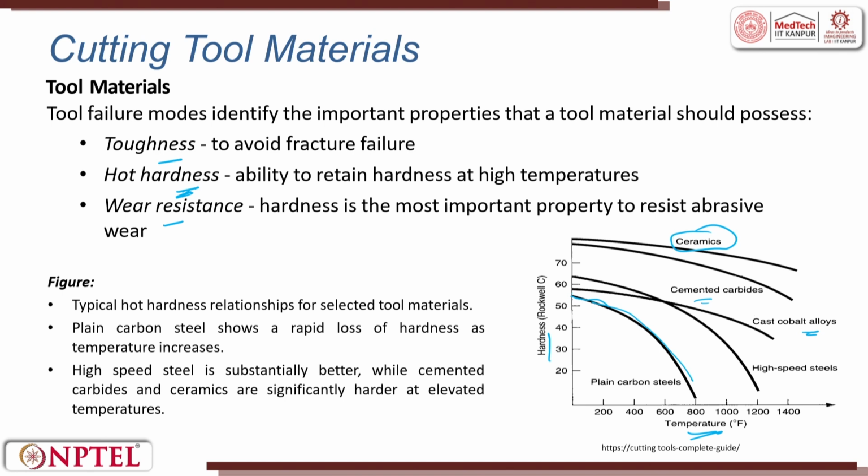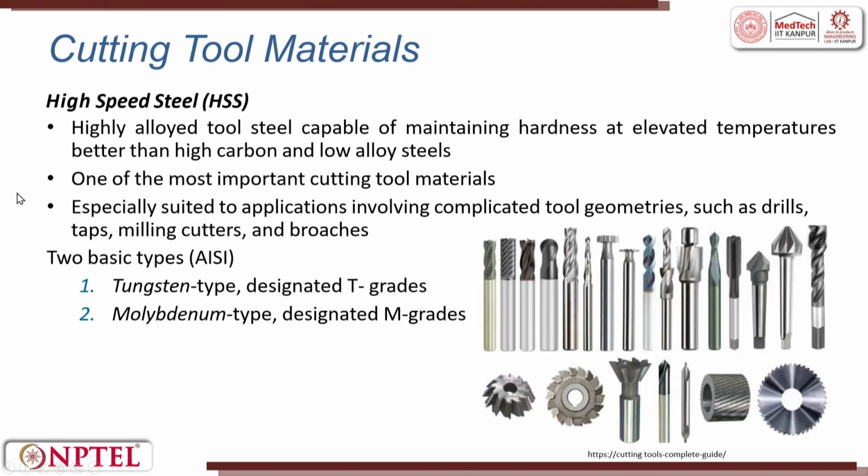So, we use it as a tip. If this is a tool, only this portion will be made out of ceramic. So, the most important properties for a cutting tool are toughness, hot hardness and wear resistance.